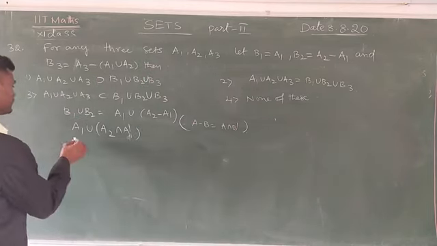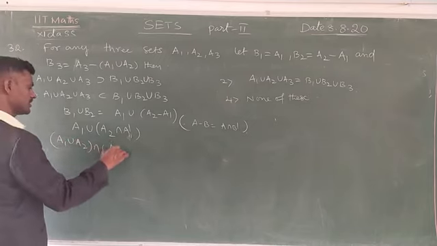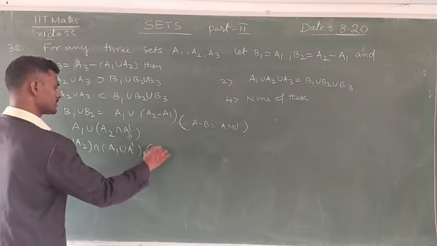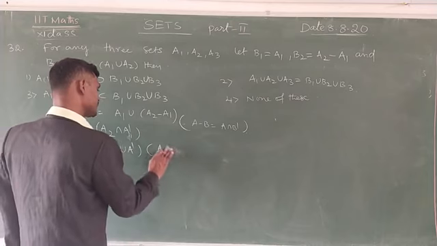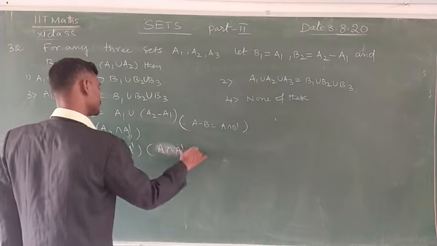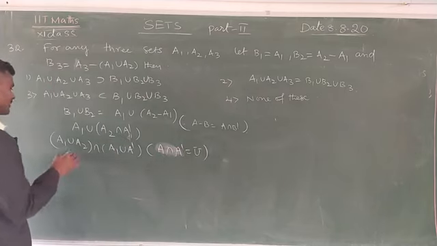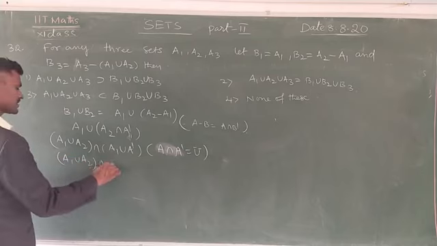Now A1, see here, apply here the distributive law: A1 union A2, intersection A1 union A1 dash. Here also A1 union A1 dash is equal to the universal set mu. Now this is mu, A1 union A2 intersection mu.